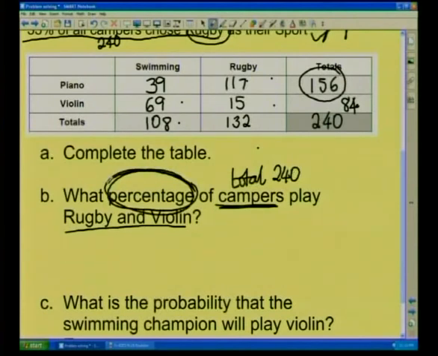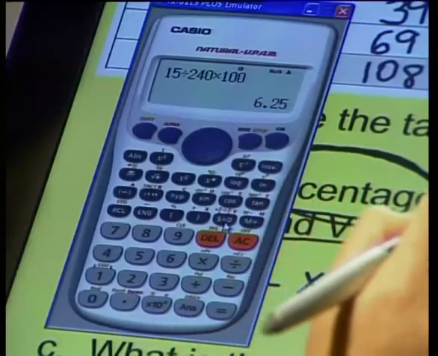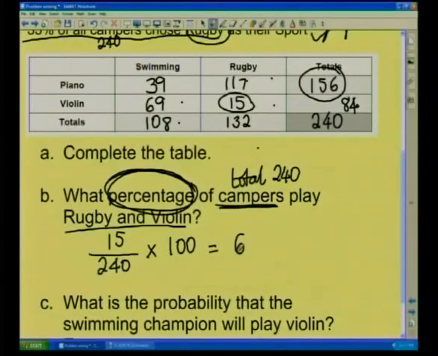So rugby and violin is 15 children. So 15 out of the total of 240. And to change it into a percentage, I need to times my answer by 100. And I'm going to do that on my calculator. So it's going to be 15 divided by 240 times 100. And I get an answer of 6.25%.